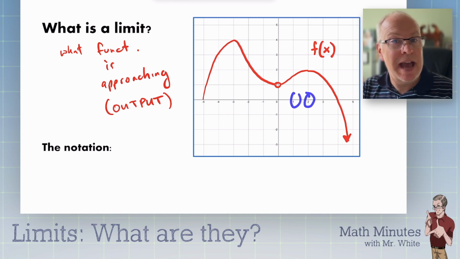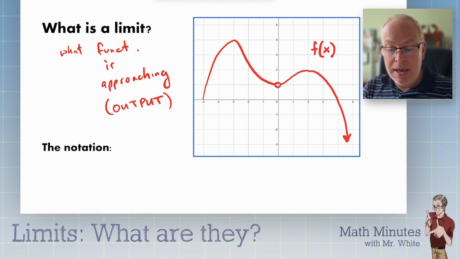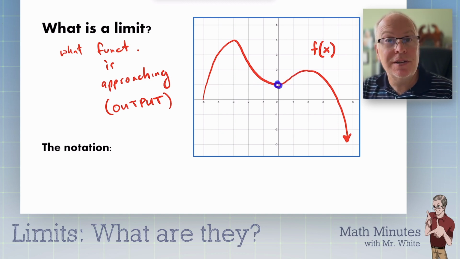As I count down from the right here, at x equals 2, y is 2. At x equals 1, y is 1.5. At x equals 1/2, y is 1.25. You see how we're approaching 1 from either side. Even though the function doesn't exist there, the limit does.